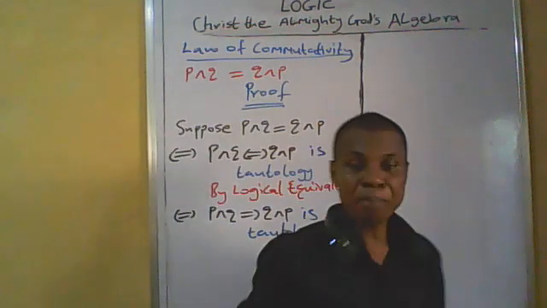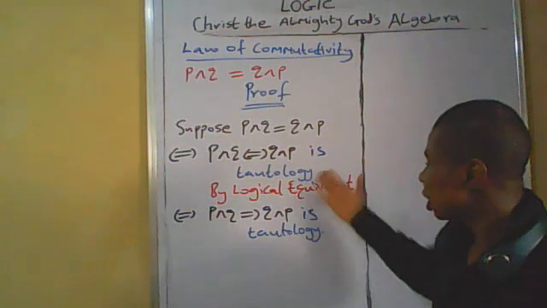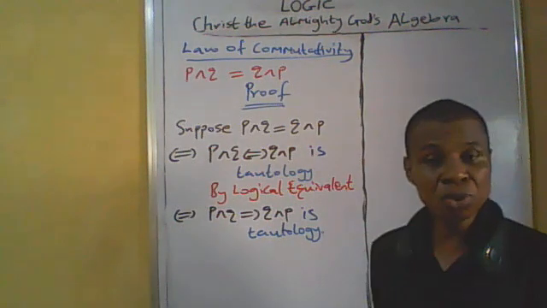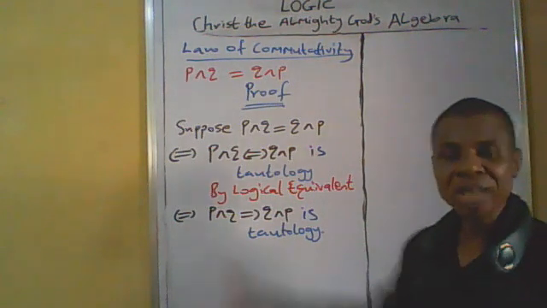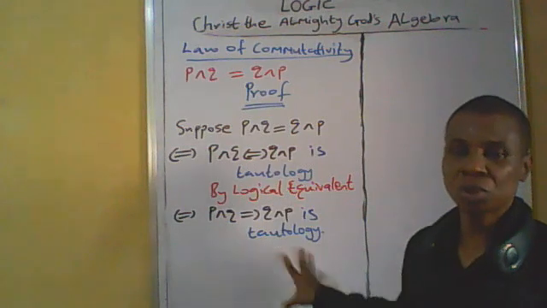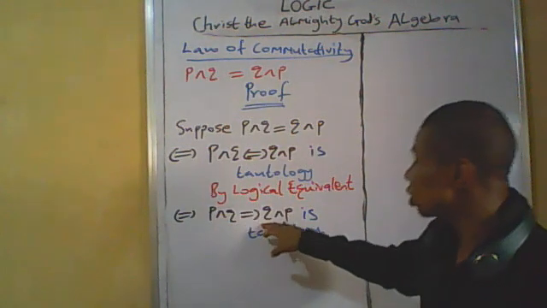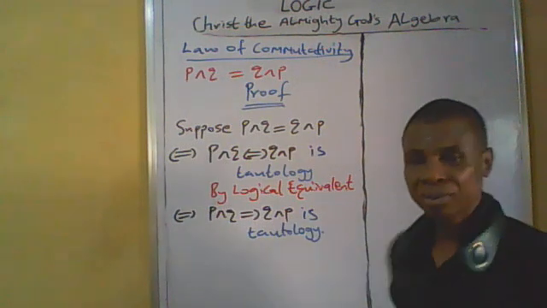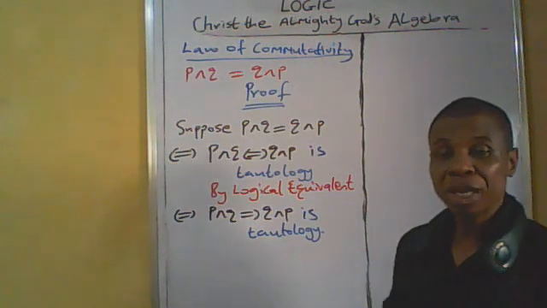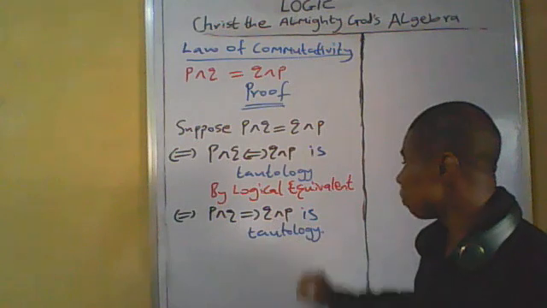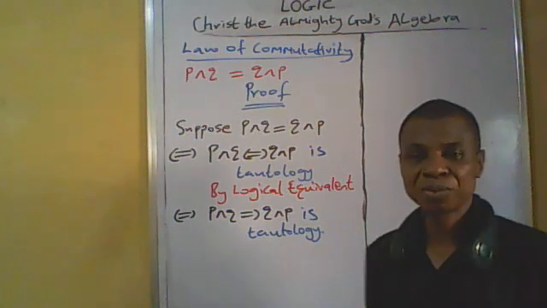The biconditional statement that is a tautology has now also been transformed to a conditional statement and it still preserves tautology. That means P and Q implies Q and P is also a tautology.